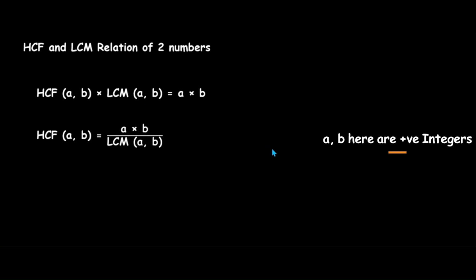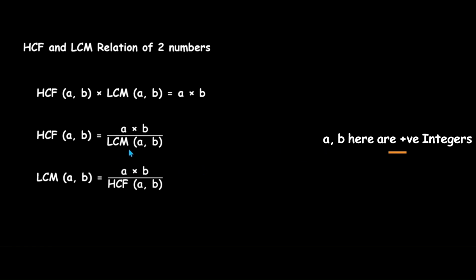The same relationship can be written in two other ways. HCF of those two numbers is equal to the product of those two numbers divided by LCM, and LCM of those two numbers is given as the product of those two numbers divided by HCF. This is a general equation, and when we see it in the context of co-prime numbers, let's say A and B are co-prime now.